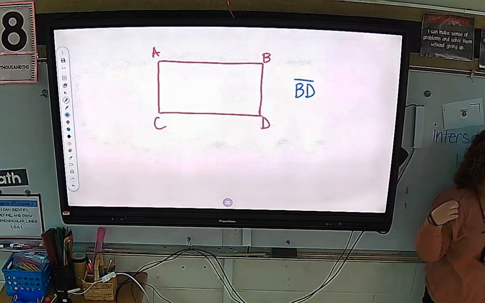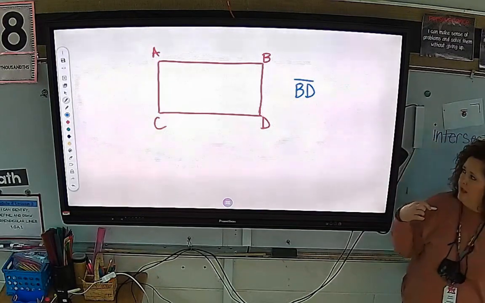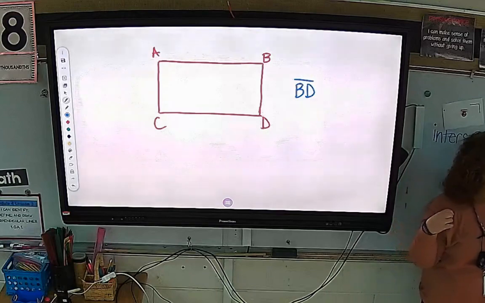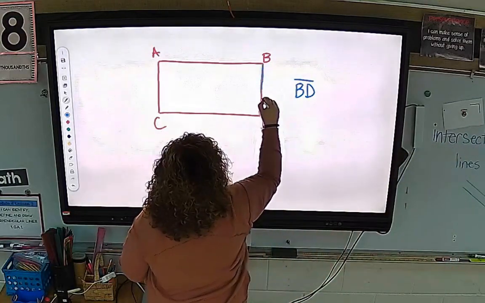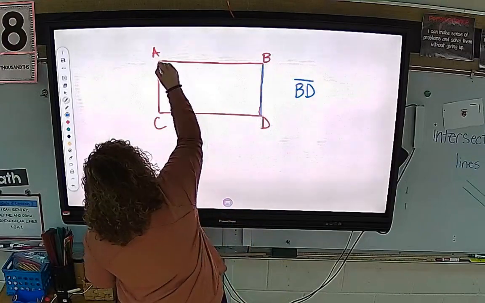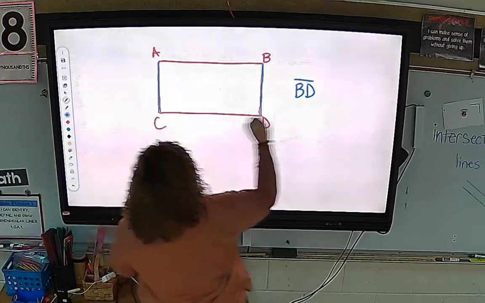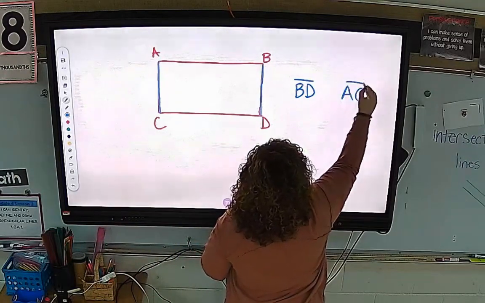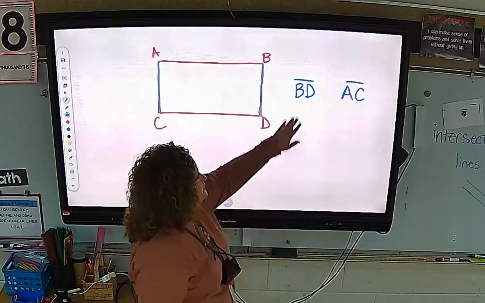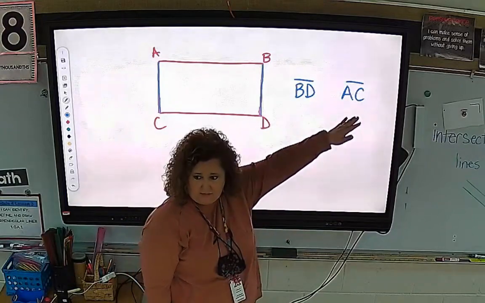AC? Sure. So this line and this line are, watch, here comes the symbol. There are the two lines. That's the name of that line. That's the name of the other line.